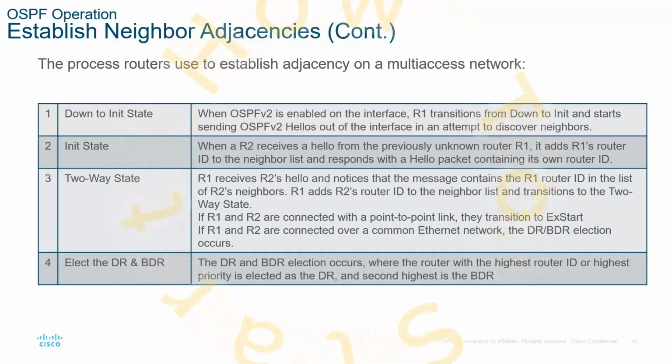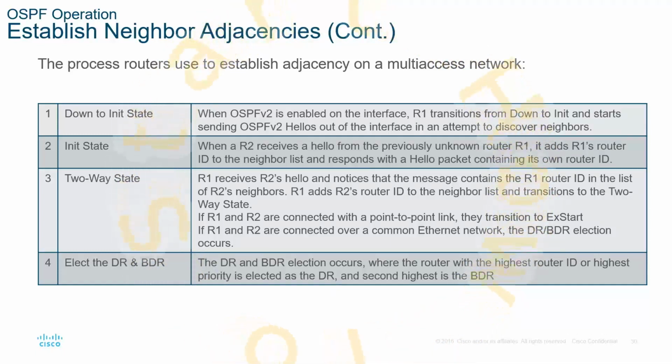The transition from down to the initiate state will start once there's a hello packet sent on an interface. If there is no hello packet sent or received, it will not be able to discover neighbors. That hello packet is what's used to discover those neighbors.